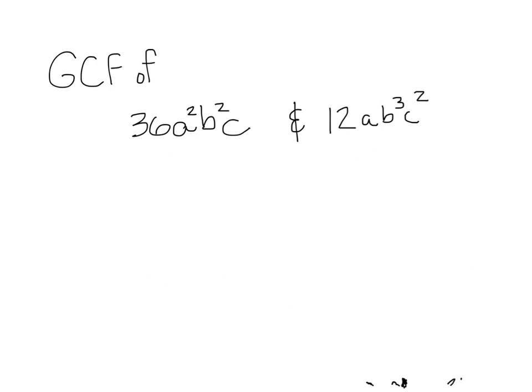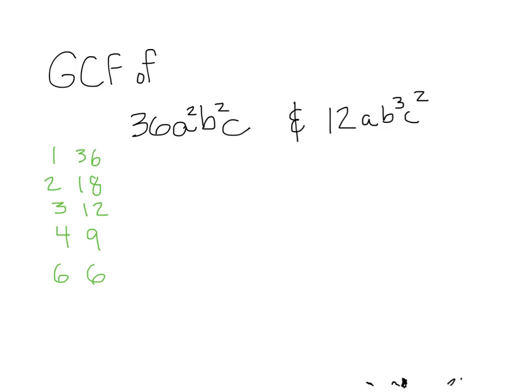Let's find another one. So here we have 36a squared b squared c and 12a b cubed c squared. So factors of 36 are 1 and 36, 2 and 18, 3 and 12, 4 and 9, 6 and 6.